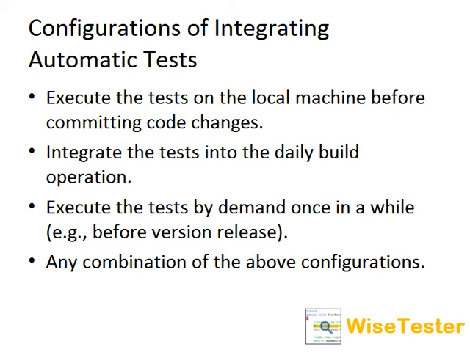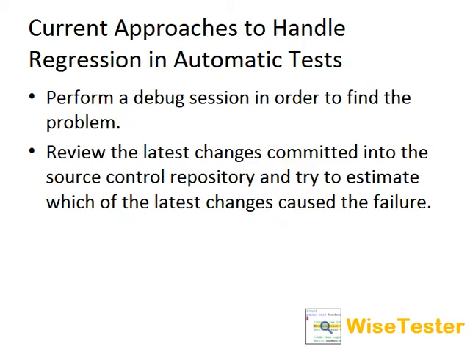These groups execute the whole set of unit tests only once a week or once a month, and use a smaller subset of these tests which is executed every day. And of course, usually a development group will use a combination of these configurations.